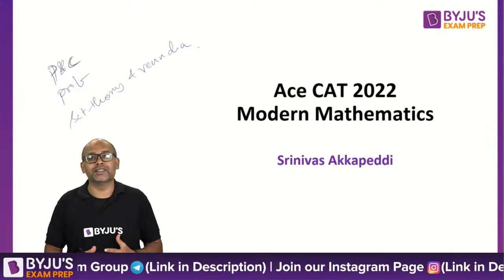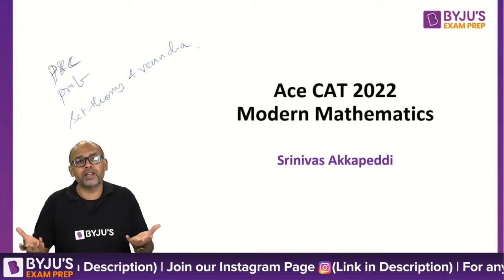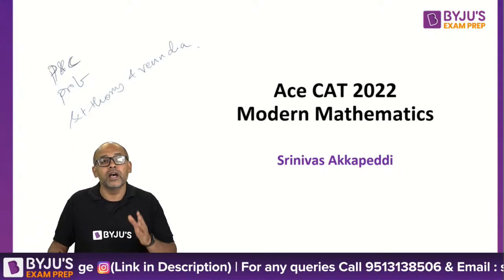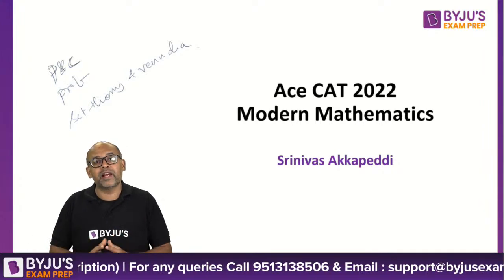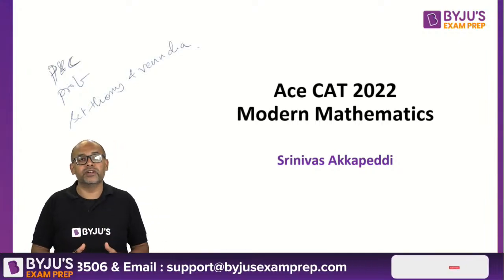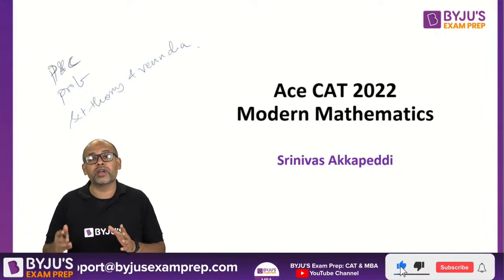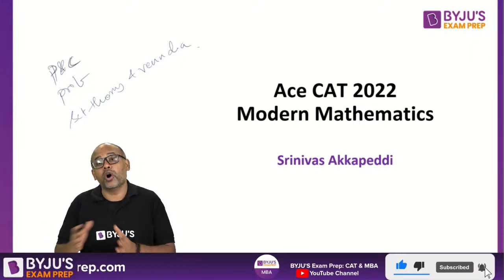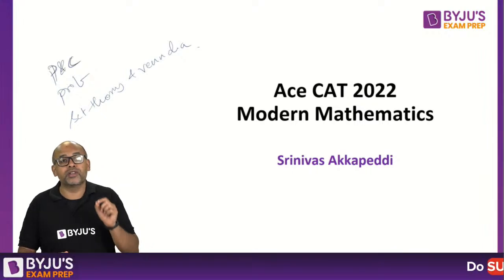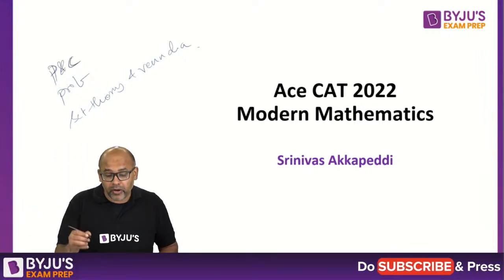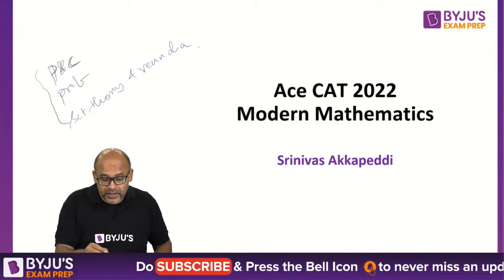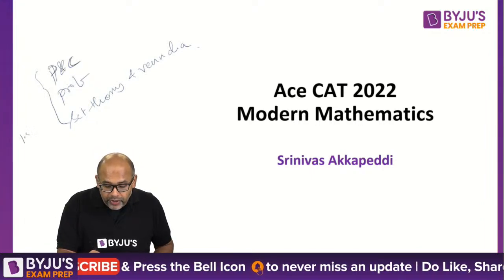Now, how important is it? Is it one of the important areas? How many questions can come? Let's take a look at what happened in the last 5 years. I don't have the PPT slide in front of me, but I have this from memory. Over the last 5 years, especially if you look at the last 2 years, all the 3 slots in both the years, totaling about 6 slots, the number of questions that have come from PNC, probability and set theory together is averaging around 1.5.